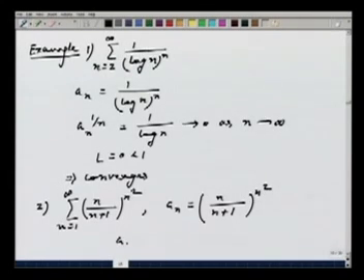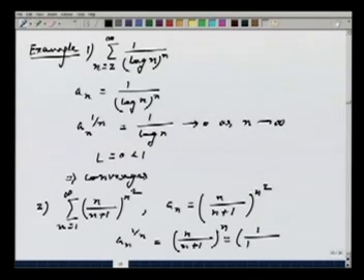That means an to the power 1 by n turns out to be (n by n plus 1) to the power n, which is the same as 1 by (1 plus 1 by n) whole to the power n. Okay.